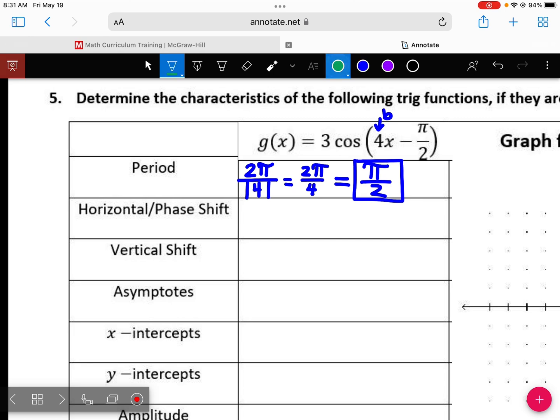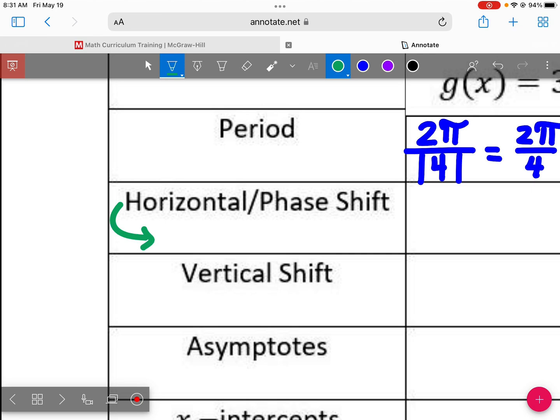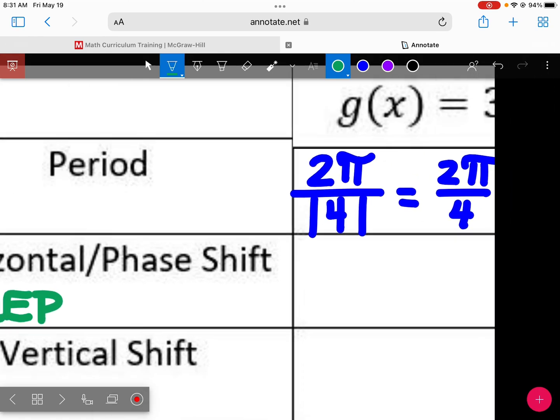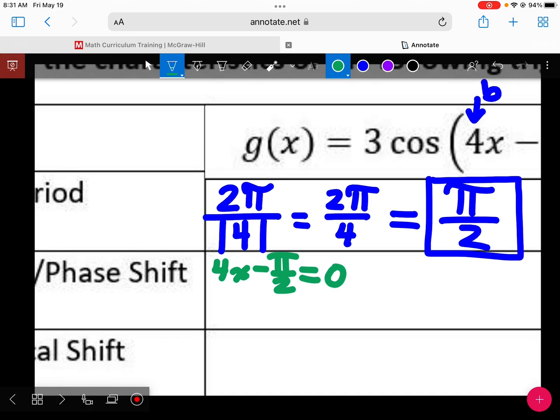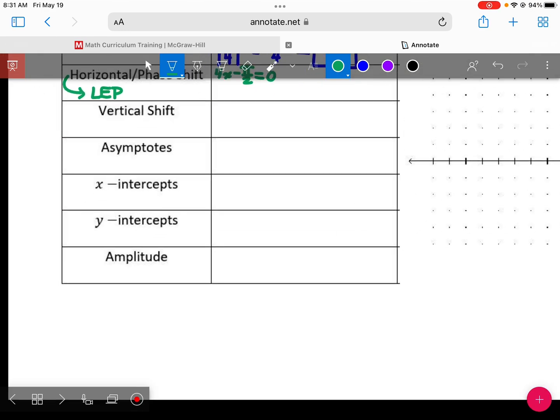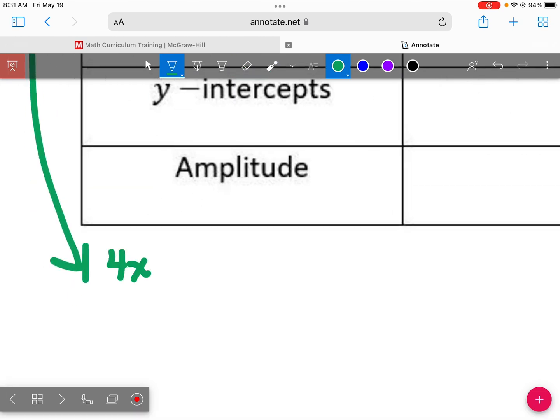Horizontal or phase shift. This is exactly the same as what? Left endpoint. So I'm going to take what's inside the parentheses, 4x minus pi over 2, and we're going to set that equal to 0. So I'm going to bring that down here because I do not have enough room in that little box. 4x minus pi over 2 equals 0.